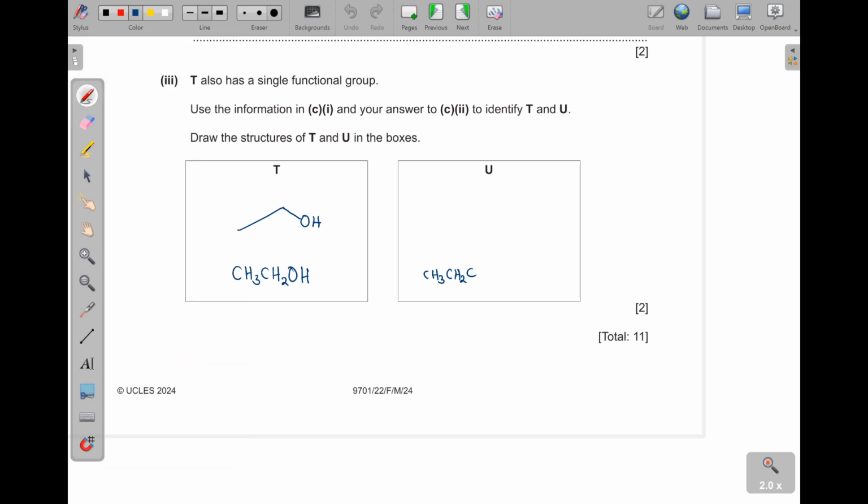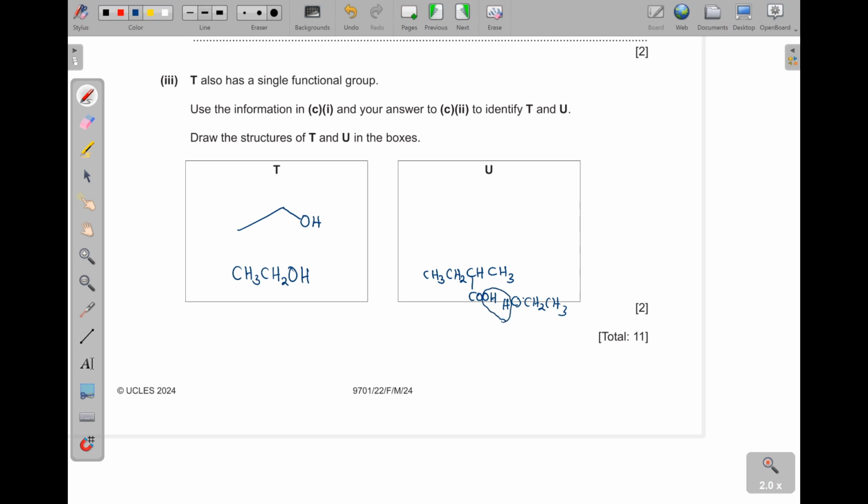I'll come back here and say CH3, CH2, then CH. Now there was a COOH here, then there is CH3 here. So if I put OH here, then CH2, CH3, I'll take away this one here.